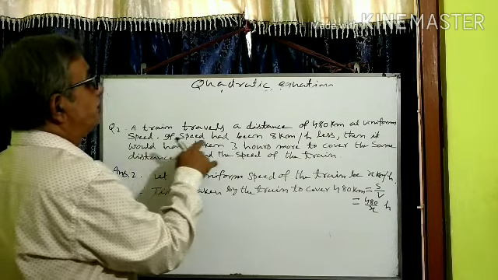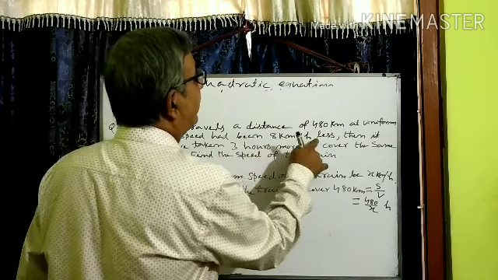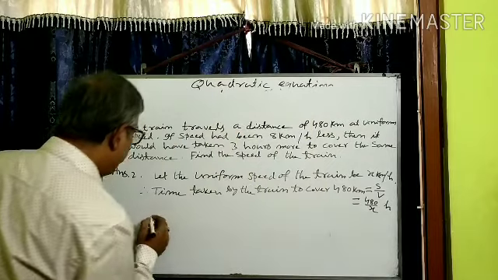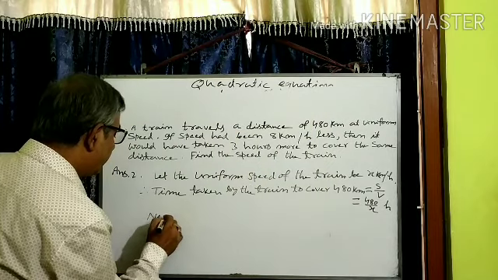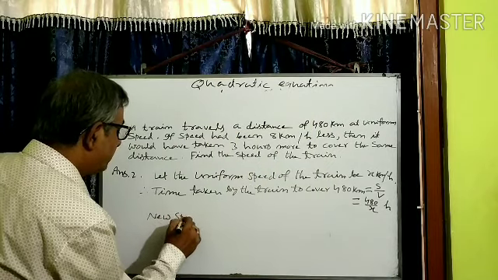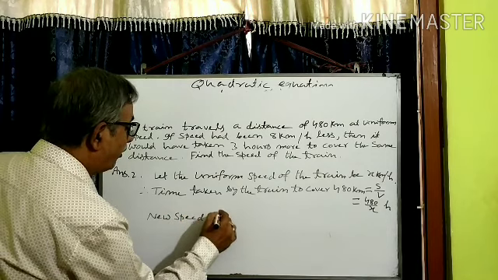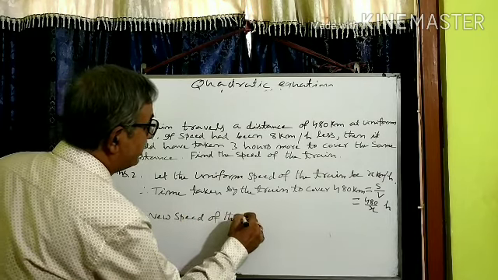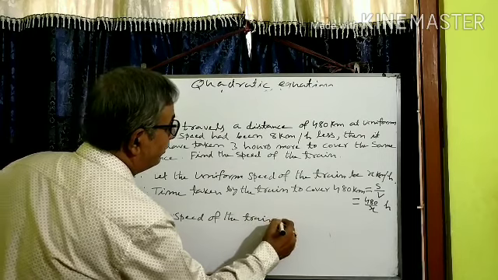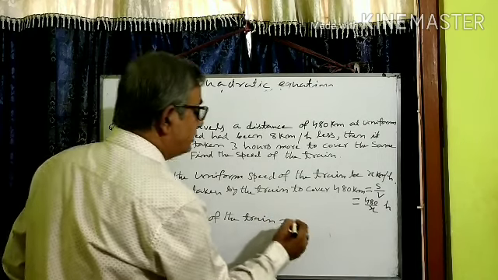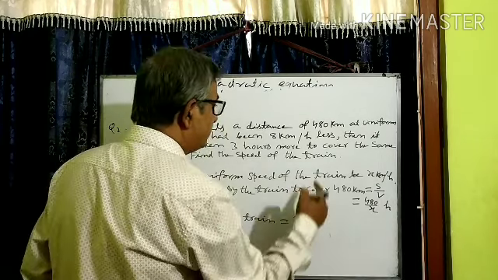If the speed had been 8 km per hour less, the new speed of the train is equal to x minus 8 km per hour, where the previous speed was x km per hour.